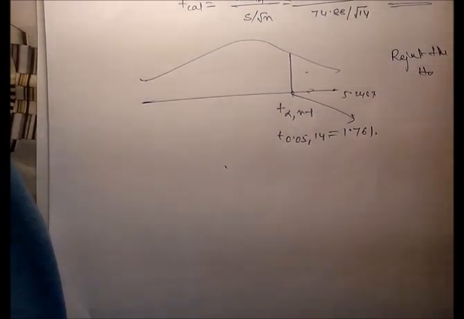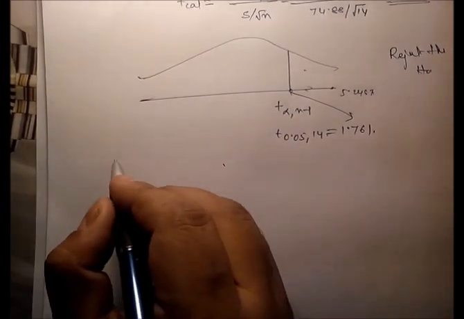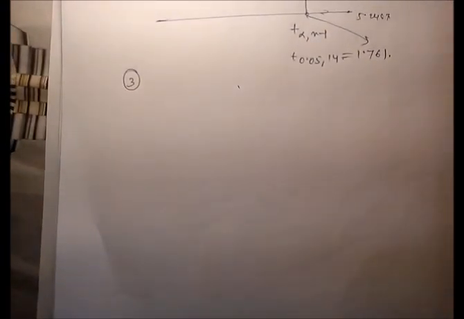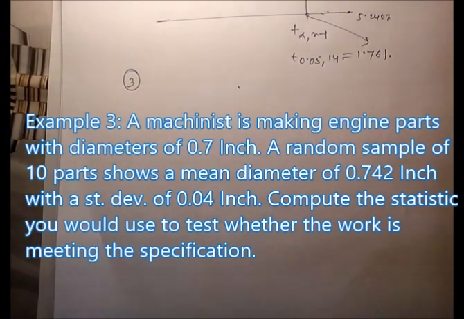Next, third: a machinist is making engine parts with diameters of 0.7 inch. A random sample of 10 parts shows a mean diameter of 0.742 inch with a standard deviation of 0.04 inch. Compute the statistic you would use to test whether the work is meeting the specification or not.